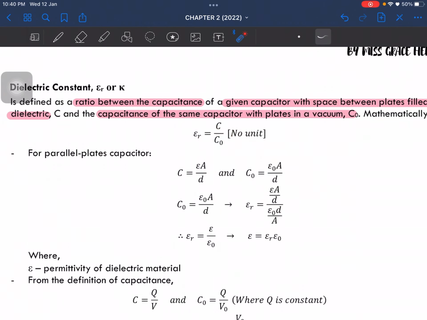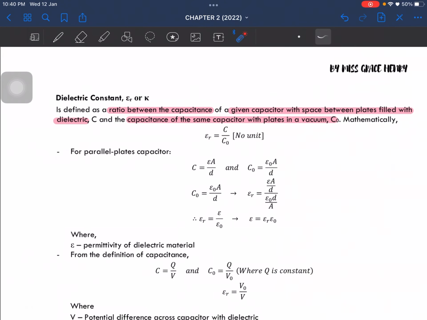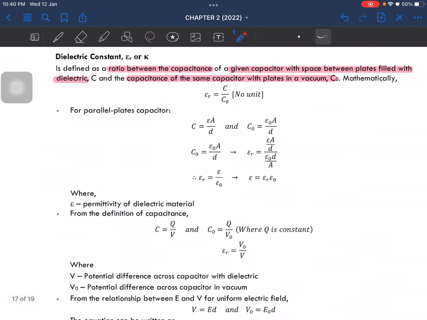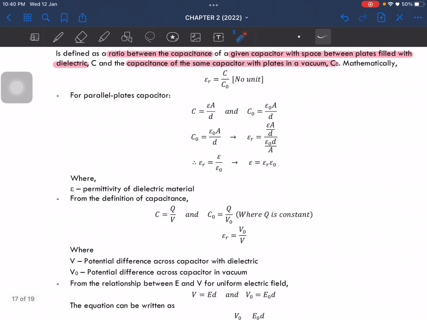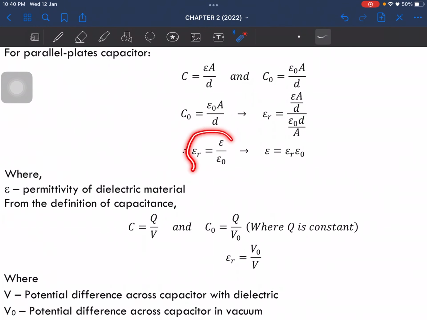It has no unit. For a parallel plate capacitor, you can relate this dielectric constant to the permittivity of free space and the permittivity of a dielectric material.